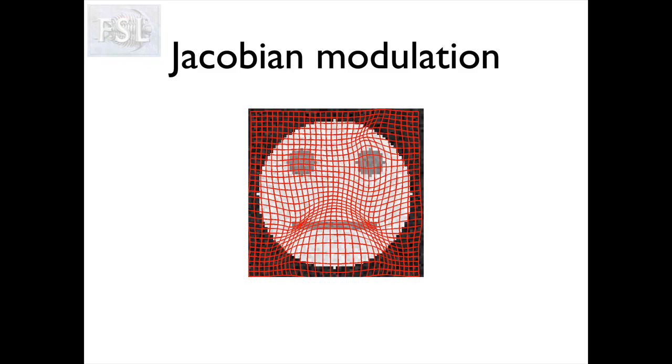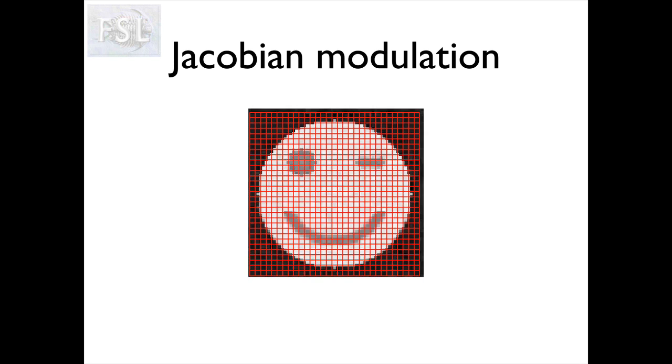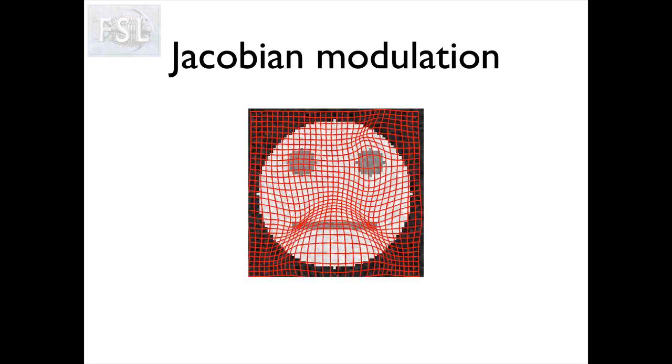I'll talk a little bit more in detail because this is the most complicated step and useful to understand. Here we've just got an easy illustration of what happens if we've got a face, and you can see that this is a distorted version of this face. We started with the smiley face, and by changing the grid, by doing our nonlinear warp, we could turn it into this sort of neutral face. That has shifted parts of the mouth around, and you can see there's a great change in the size of one of the eyes.